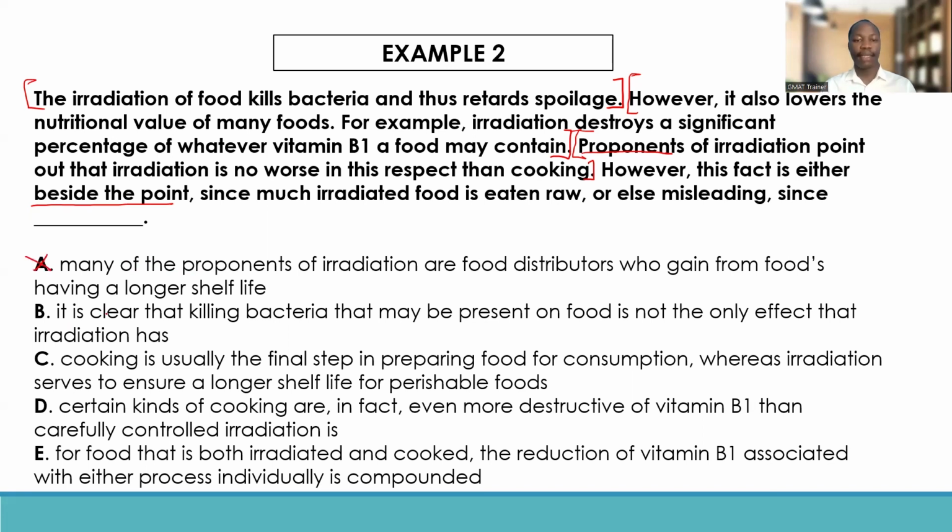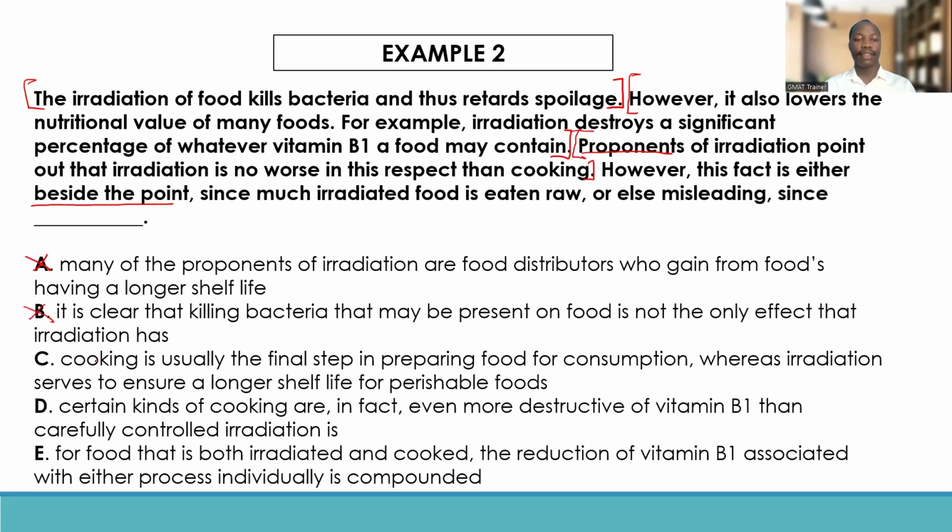B, it is clear that killing bacteria that may be present on food is not the only effect that irradiation has, right? So B does not really attack the argument that is being put forward by the proponents. So B is definitely out, right?